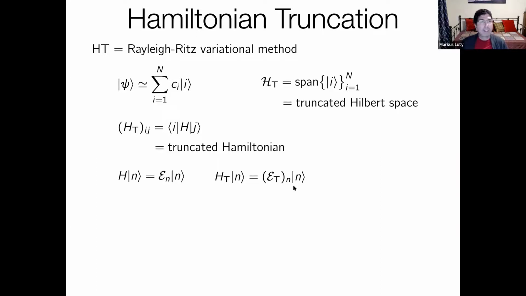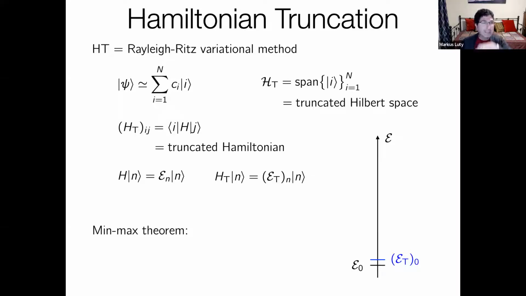So this is very commonly used in quantum mechanics. And one of the nice features of this is the so-called min-max theorem. You're all familiar with the idea that if you make a variational estimate for the ground state, then the variational estimate here in blue is going to be larger than the true ground state.